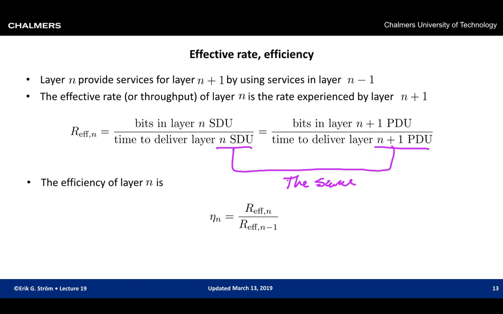Now the efficiency of the layer is the ratio of the effective rates: the effective rate we get from the layer below us to the effective rate that we provide to the layer above us. And this number is always less than or equal to 1. We cannot create more data rate than the layer below us provides to us.